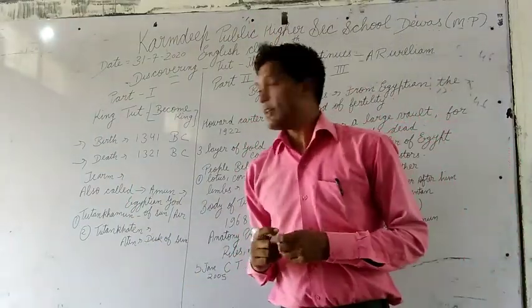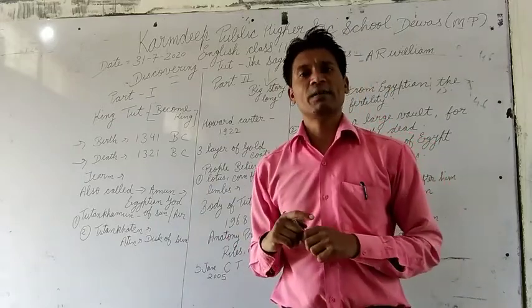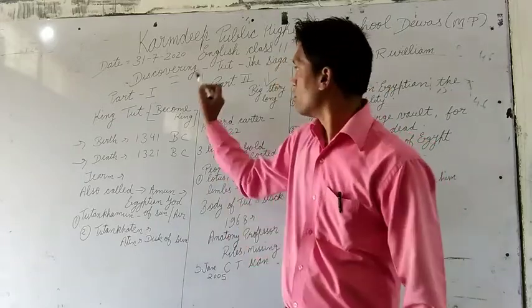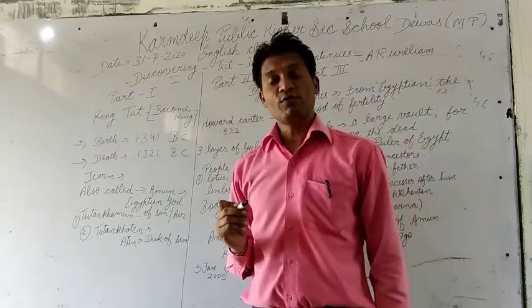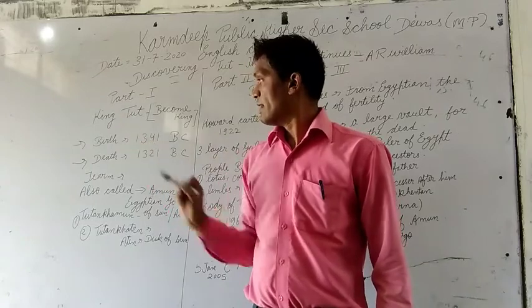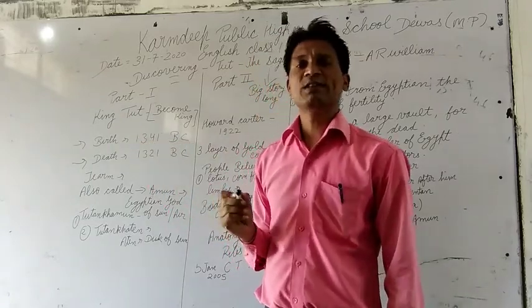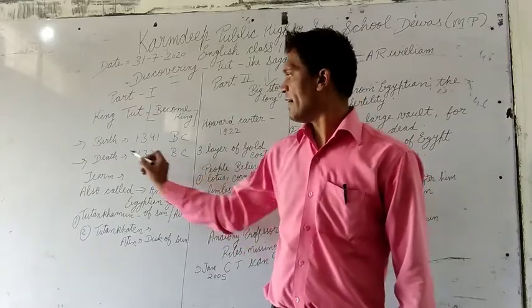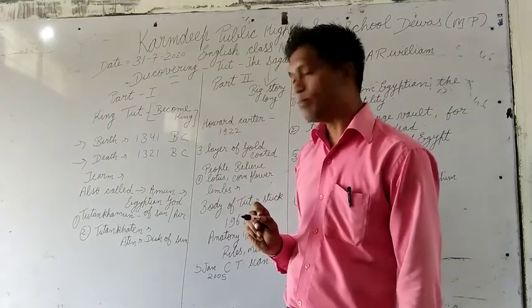Now let us explain. In the first part, it has been described about the king too. Firstly, what is the important point you have to remember? The birth, 1341 BC, BC means before Christ, and the death of King Tut, 1321 BC.